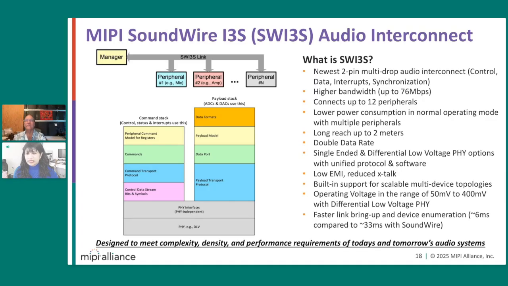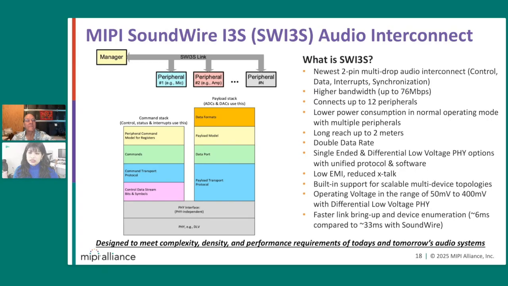And from a physical layer perspective, as we mentioned earlier, SWIS supports both single-ended and differential low-voltage PHY options, and that's a major advancement. The single-ended PHY targets ultra-low-power applications, while the differential PHY enables robust communication with lower operating voltages, extending the reach and providing excellent noise immunity.